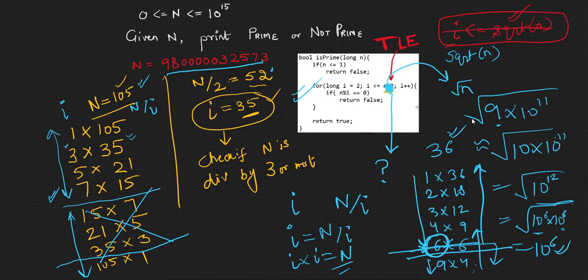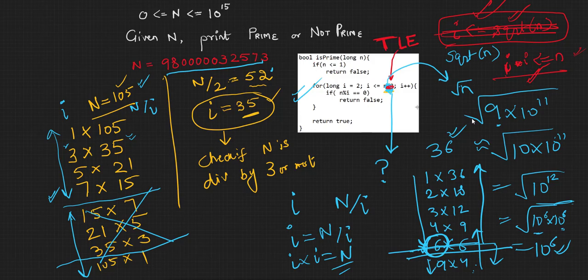We can avoid doing this. In place of this, if we write i into i less than or equal to n, all we are doing is just one multiplication. These are the same thing. i less than or equal to square root of n versus i into i less than or equal to n are both the same. But here we have control in our hands. We are just doing a simple multiplication.